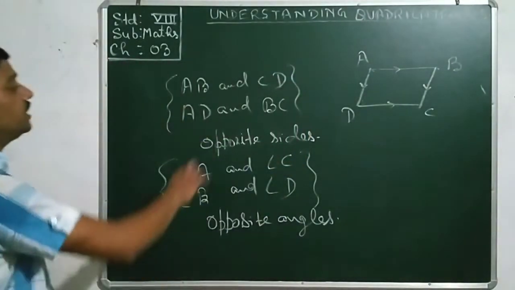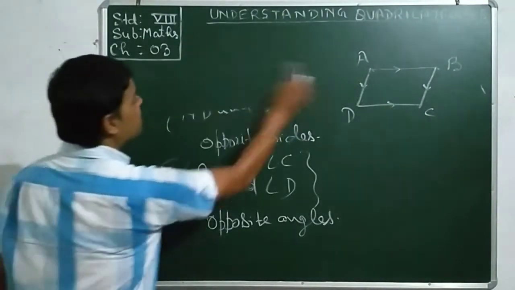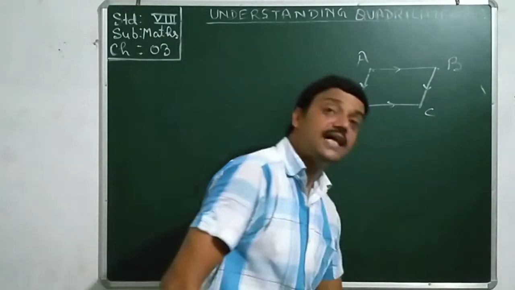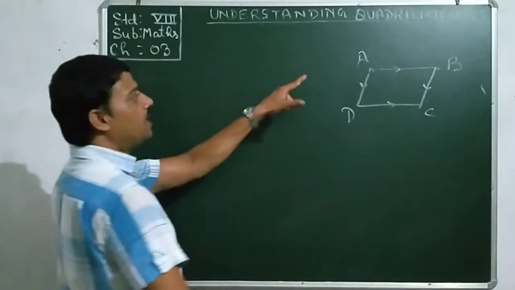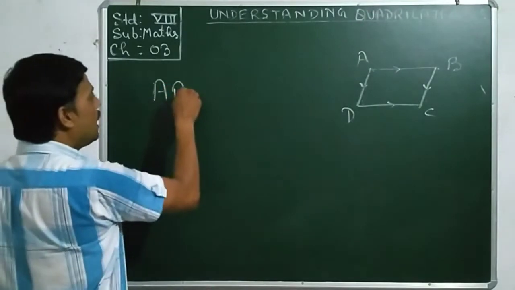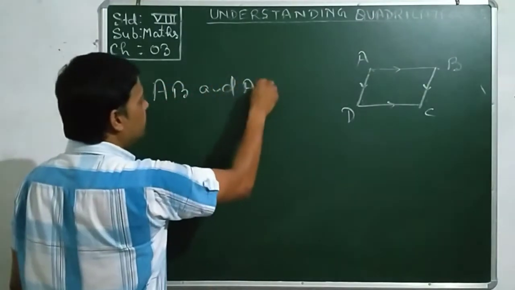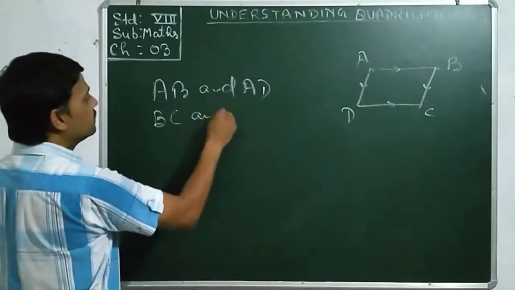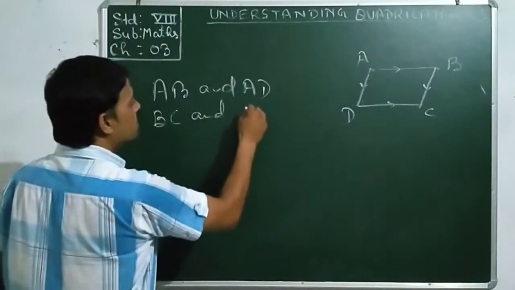Similarly, if you go for the adjacent sides and adjacent angles, you will get two pairs of adjacent sides, say AB and AD, similarly BC and CD.